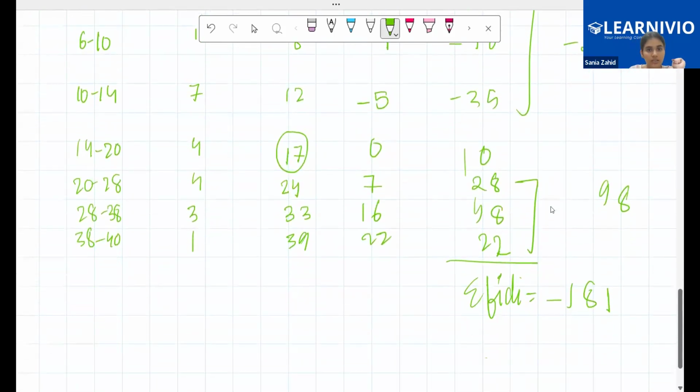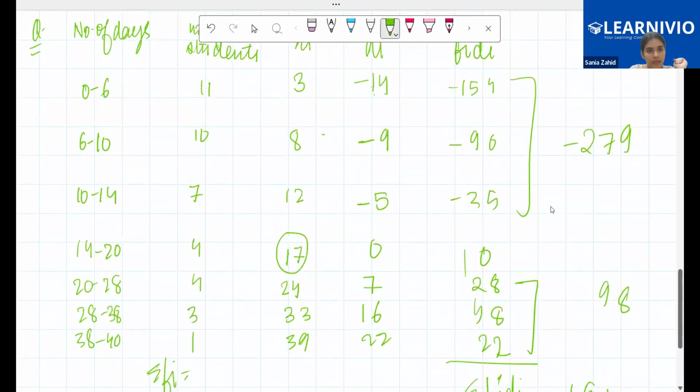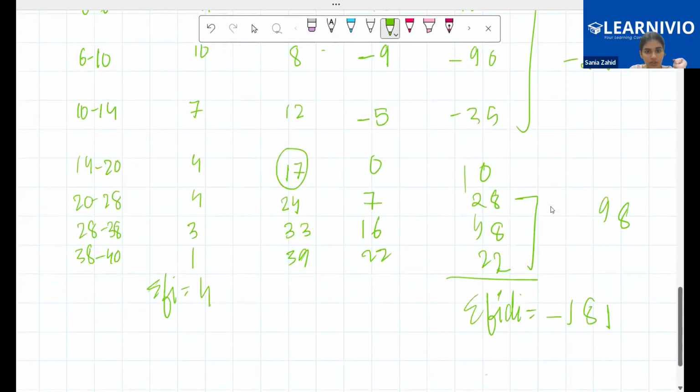And sigma fi gives you the number of students, which was 40, I guess, in the question. Yeah, so 40 only.